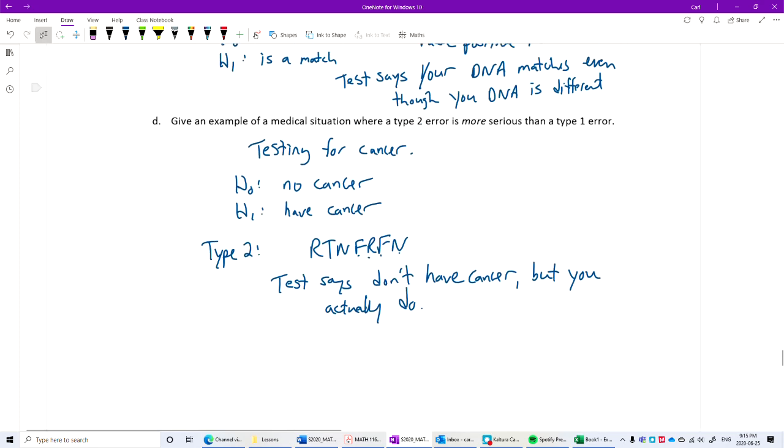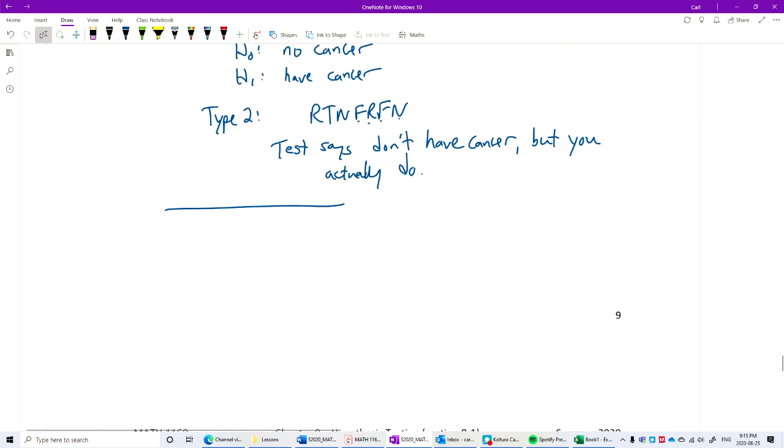I forgot something. It turns out that the probability of making a type 1 error is actually exactly alpha.